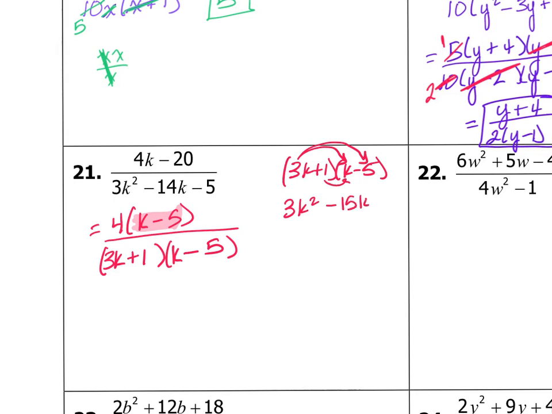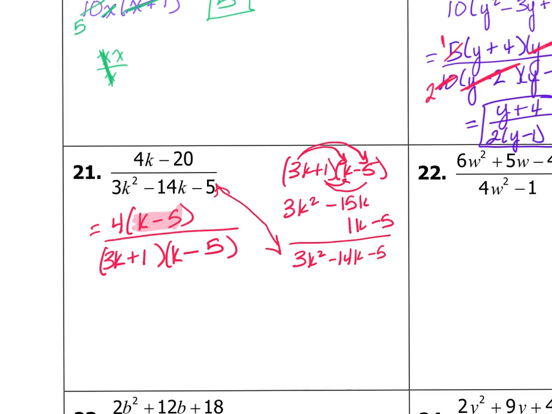And then 1 times k is 1k. And 1 times negative 5 is negative 5. And if I add it together, I get 3k squared minus 14k minus 5. And there it is. It's correct. So I know that these two are the same, so I know that I factored it correctly.